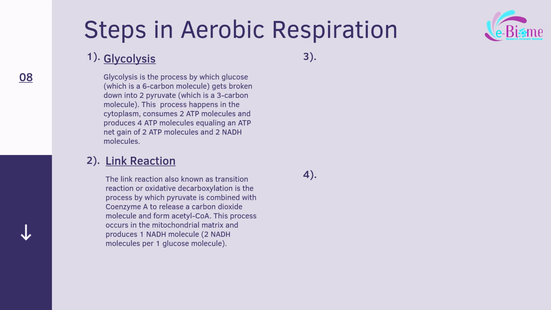This process occurs in the mitochondrial matrix, which is the outermost membrane of the mitochondria, the powerhouse of the cell. This process also produces one more molecule of NADH, which means that for one glucose molecule, since we get two pyruvates, in this part of the reaction, you get two NADH molecules.